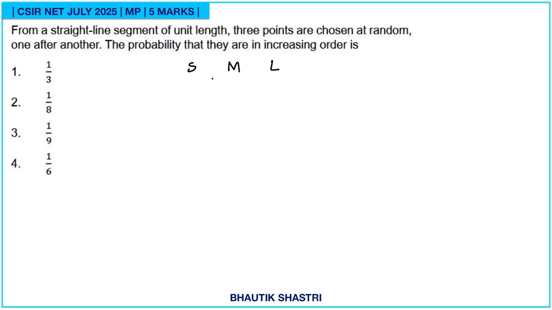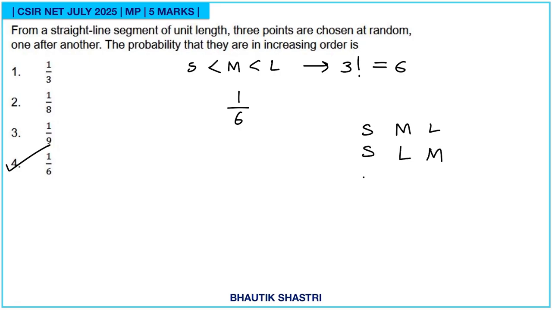So there are three possible orderings of these points. So that means there are 3 factorial combinations possible, which means 6. And in only one case, they will be in this order. That means the probability will be 1 by 6. So option 4 is correct. Because first number can be small, then medium, large, small, large, medium.